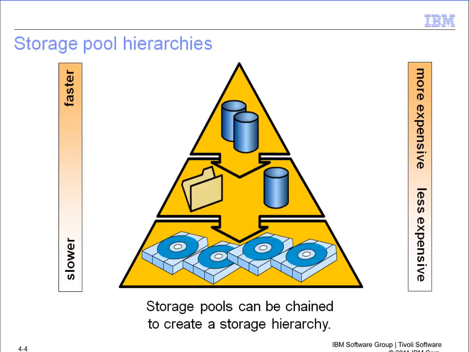Then, when you've created your storage hierarchy, the data would migrate from the fastest, most expensive device to the mid-range. This will then empty the destination pool for the next backup. So ideally, your top level will be large enough to hold at least 1 day's worth of backup.